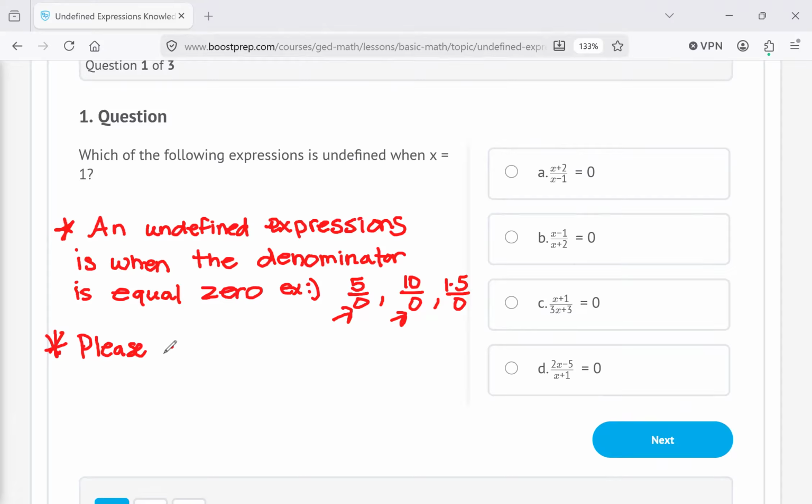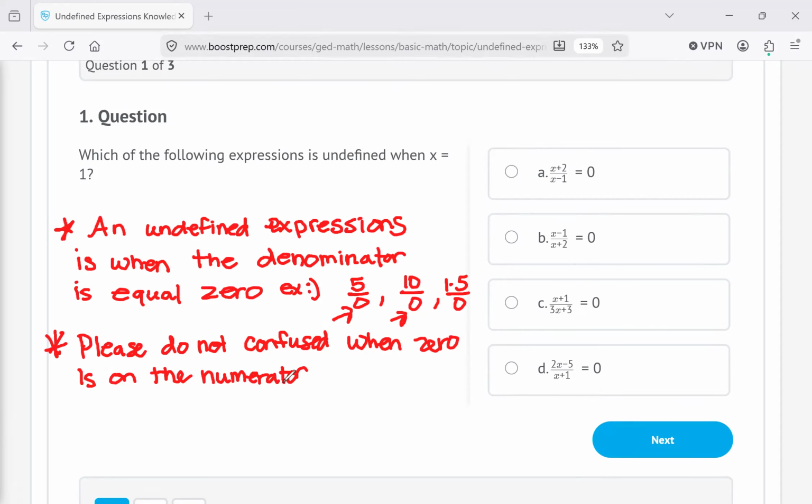So please do not get confused when the 0 is on the numerator. This is not undefined. Instead, it's equal to 0.